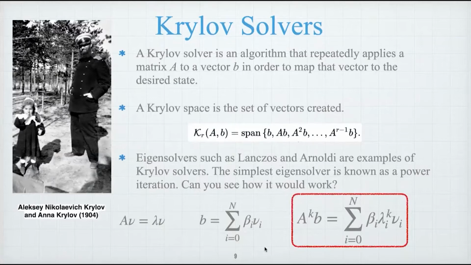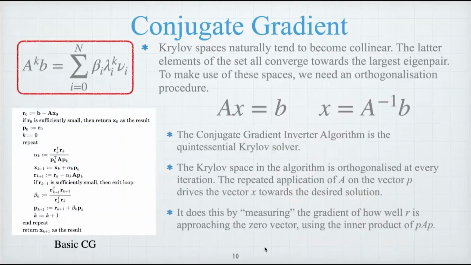So let's see. What's next? The conjugate gradient algorithm. Here it is on the left. The conjugate gradient algorithm. We can use this Krylov space to build up a series of vectors.